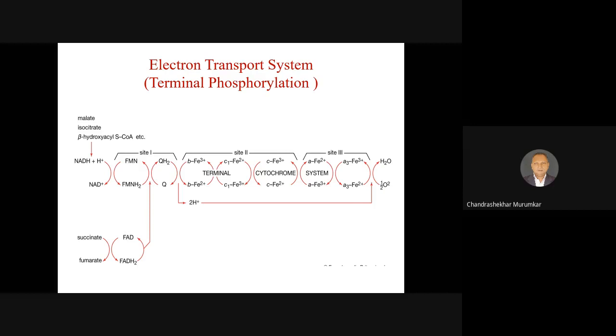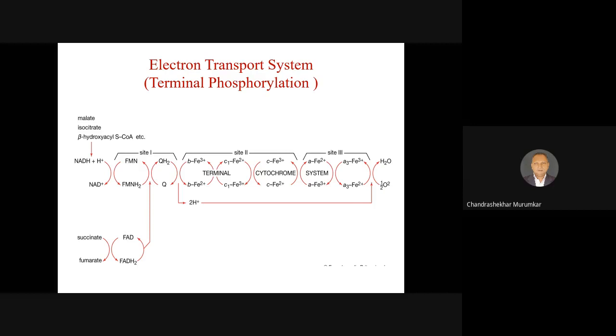Similarly, site 2, that is cytochrome B3 to cytochrome C1, also has a sufficient redox potential drop to again synthesize one molecule of ATP. And lastly, site 3, which is the terminal oxidase, also has a sufficient redox potential drop of the electron energy so that it generates one more ATP molecule.